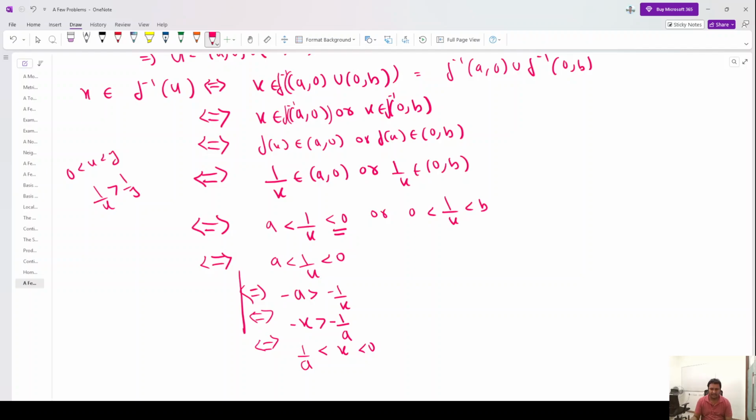Okay, good. And similarly, this is one step, right? So this implies x is bigger than 1 upon b. I hope I haven't made any calculation mistake here. I'm pretty bad at sometimes, I do make calculation mistakes.